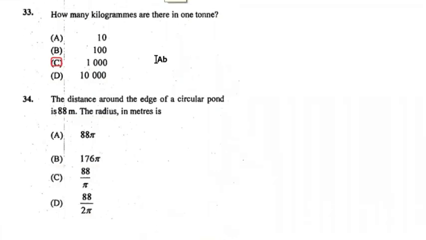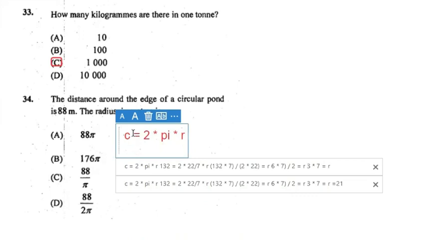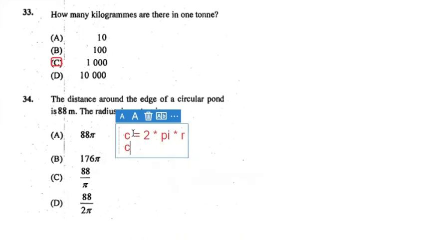34. The distance around the edge of a circular pond is 88 meters. The radius is, if you remember the formula for circumference is equal to 2 pi r. 2 multiplied by pi multiplied by r, and we're now trying to find the radius, so we're transposing the formula, and therefore that will equal to circumference divided by 2 multiplied by pi, and that is equal to r, the radius.